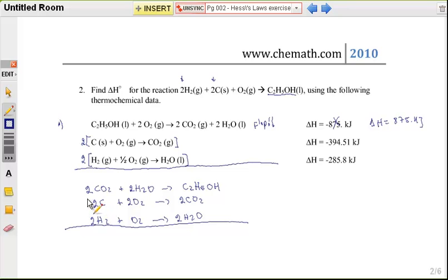We got 2 CO2s and 2 CO2s. We got 2 molecules of water and 2 molecules of water, and then we add.